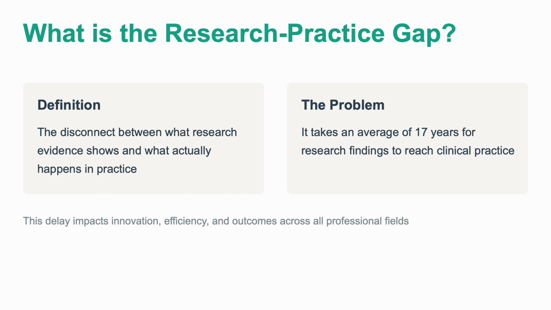But look at the right side, the problem's magnitude. It takes an average of 17 years for research findings to reach clinical practice. 17 years. Think about that. Research published when today's college freshmen were born is just now reaching routine practice.